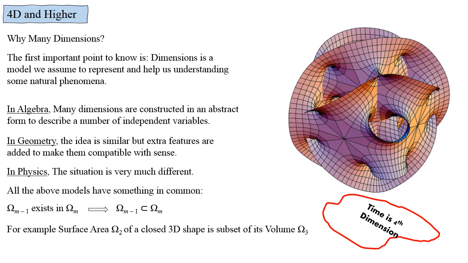In the case of 4 dimensions and higher, briefly, why do we in general introduce many dimensions? In mathematics, usually whenever we introduce these dimensions, it is to explain or understand phenomena which may not be explained easily in a normal context, and having more dimensions can simplify or explain them like a model.